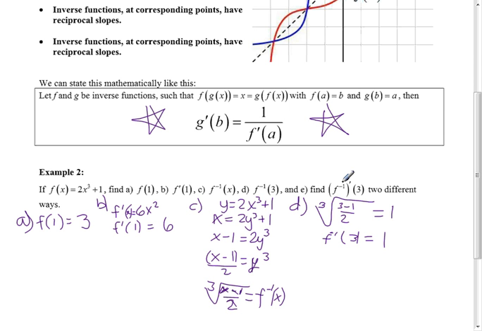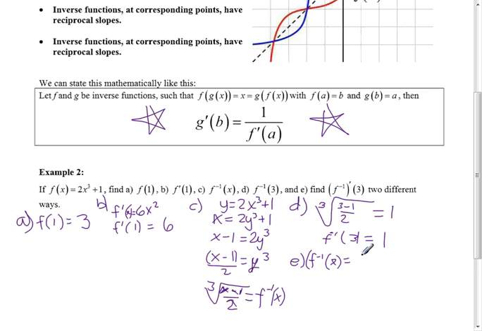And then the derivative of f inverse at 3. Well, one way I could do that would be by taking the derivative. Let me see, I better just rewrite this function, f inverse of x.